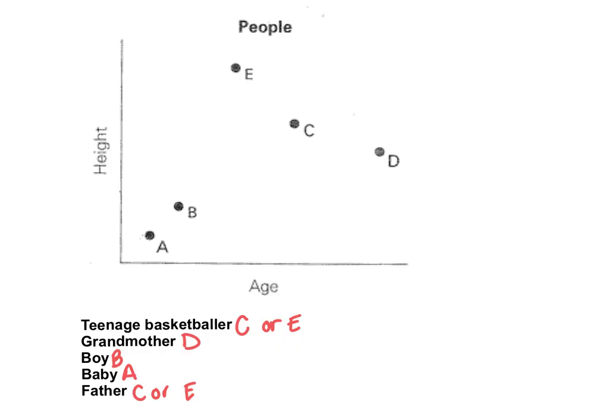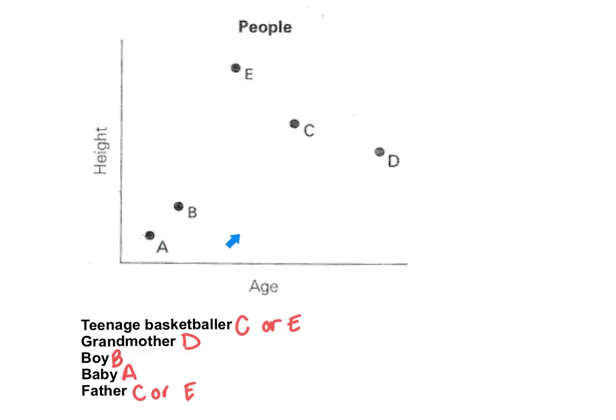Emily. E would most likely be the person who plays basketball because they're younger than person C. And teenager would probably be younger than a father. Okay. So Emily acknowledged the height, but what she's focusing on, yes, looking at the height, but Emily keyed in on the fact that the X value is the age.